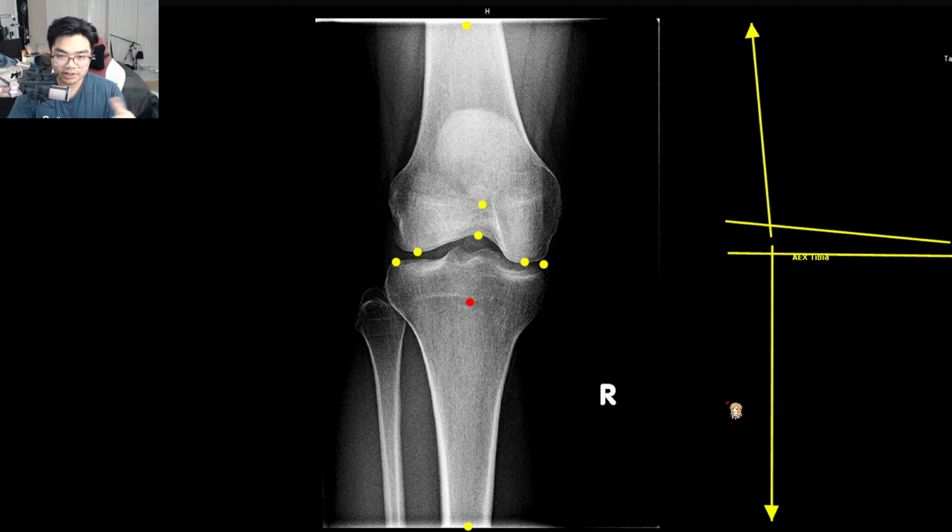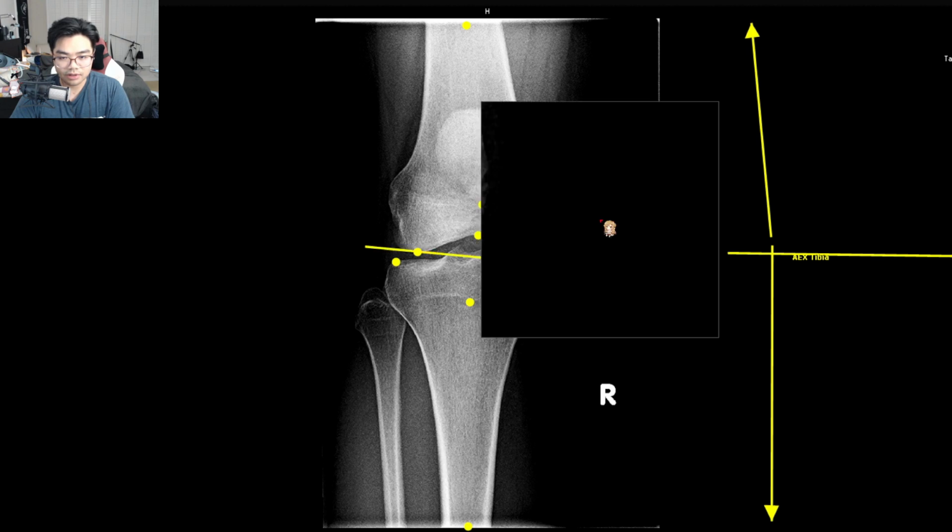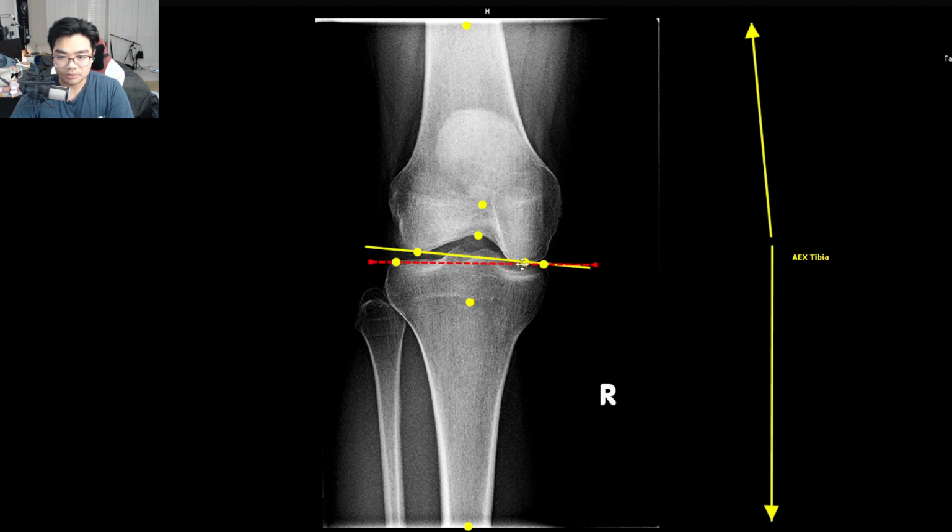And then similarly to what we did with the femur at the top, we're doing the same thing with the tibia at the bottom. We're finding the most central area when we transverse bisect these, right? And so off to the side, I already have these lines drawn out. So we're going to put this here for the femur, and then we're going to put this here for the tibia.